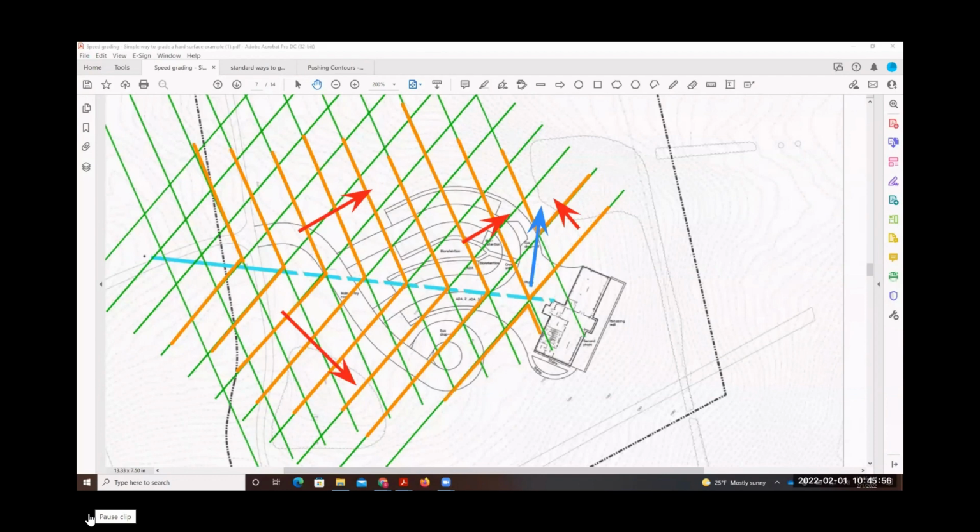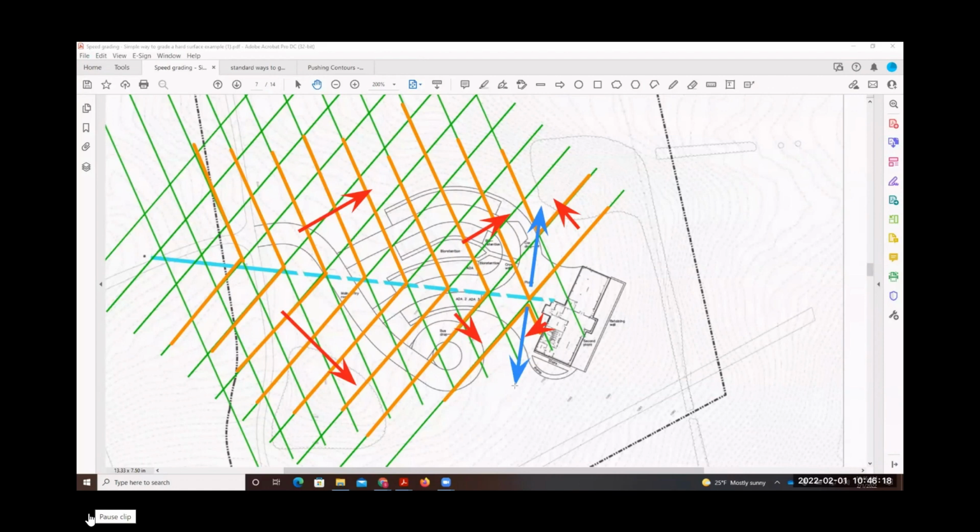And now I've got a slope running this direction, a slope running this direction away from the building, and a swale running this direction. Now, I need to know if you guys understand this, because this is critical.